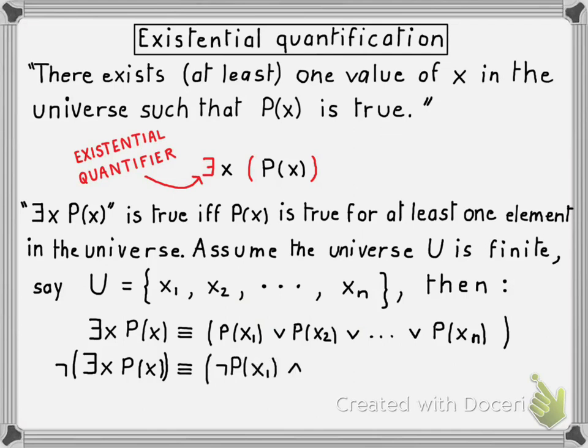In other words, P must be false for x1, and P must be false for x2, etc., and P must be false for xn. So in conclusion, the negation of this existentially quantified proposition is logically equivalent to this conjunction of negatives.